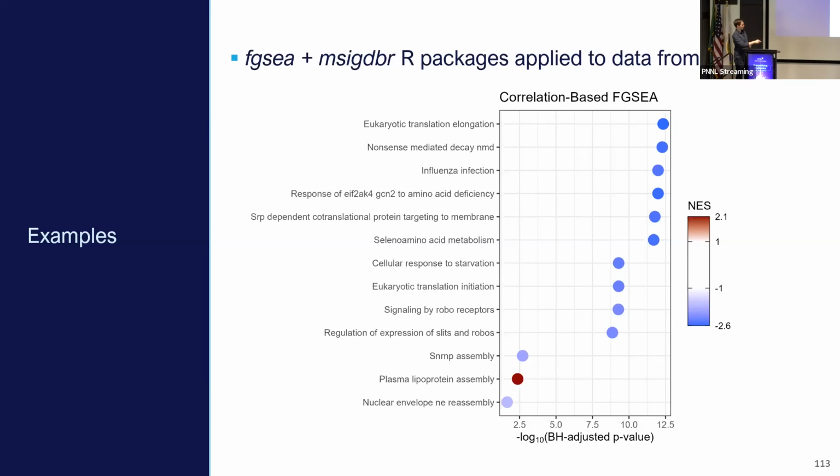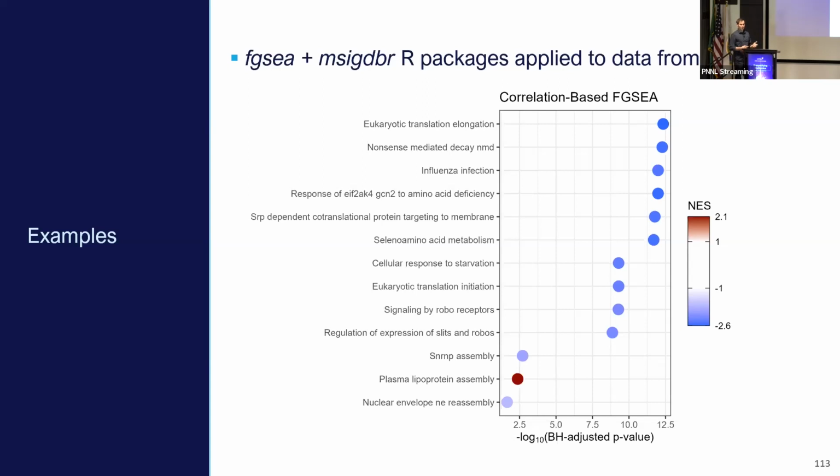So primarily negatively correlated with some metric of the samples, but we have one term that was positively correlated. It might be interesting to look at these terms and their members and see what's actually going on. So rather than looking at all of the genes in the data set, you can narrow down to just a few terms that look particularly interesting. And these have nice descriptions as well.